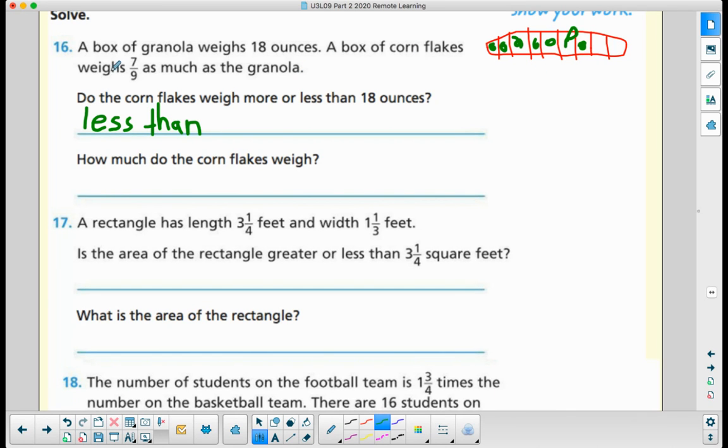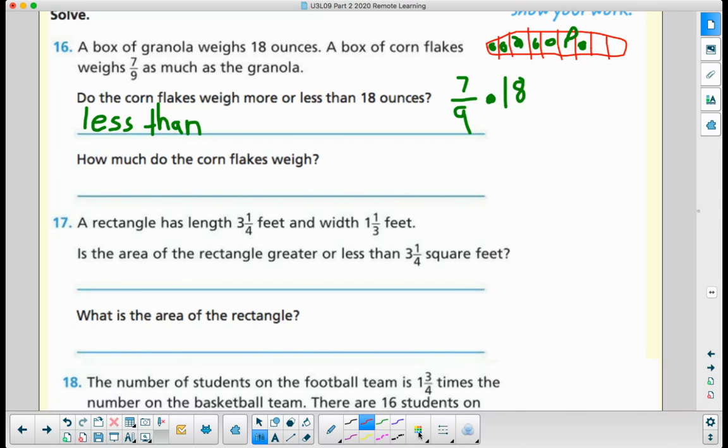Well, cornflakes weigh 7/9 as much as 18 ounces, or 7/9 of 18, which means to multiply. Now that makes sense because it would be less, because 7/9, my other factor, is less than 1. I'm taking less than 1 group of 18.